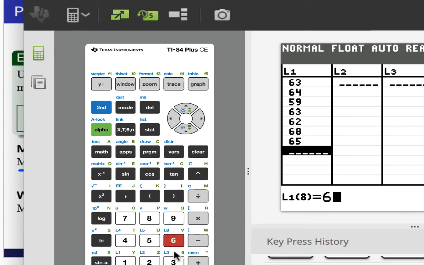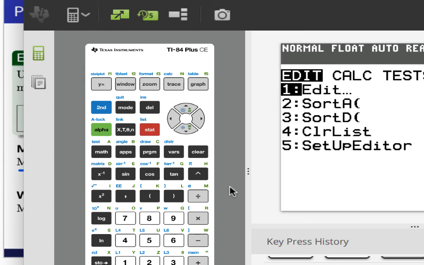Okay. So once again, click on Stat, because we just want the 5-number summary.